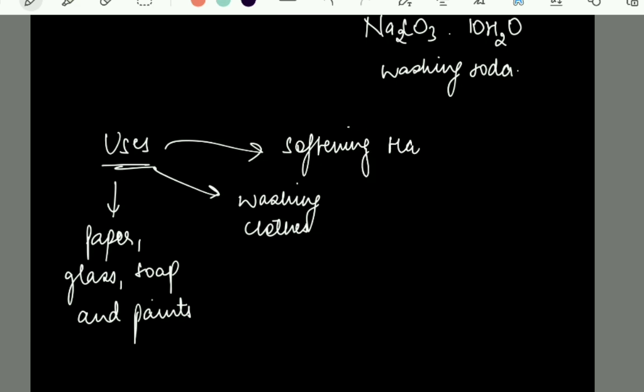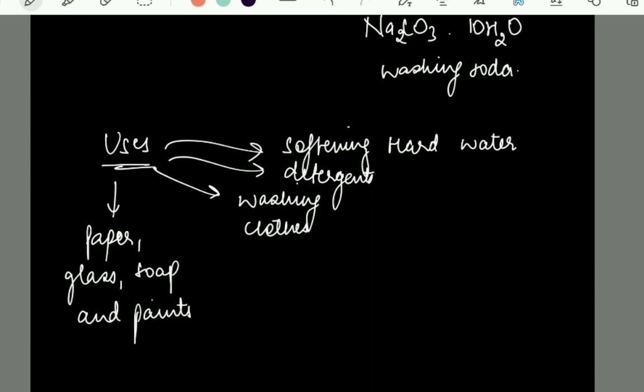Then it is also used for softening hard water. Under this we have multiple methods that we can discuss in a later chapter in the inorganic chemistry part. That's very much theoretical, but yes, it can be used. Then sodium carbonate is used in manufacture of detergents also, soaps, detergents.